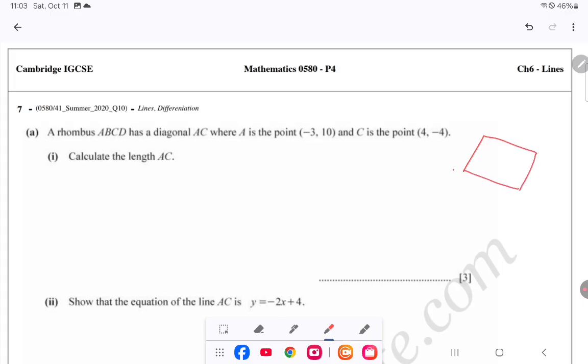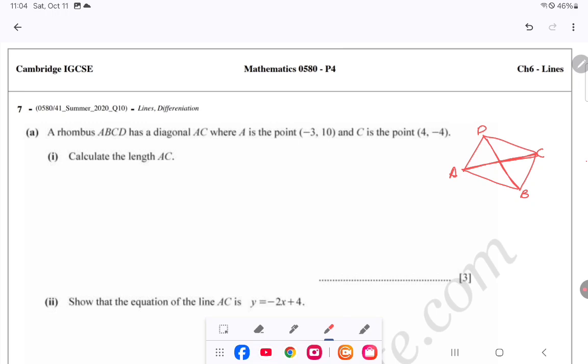We can say A, B, C, D. We are calculating the length of AC. BD is also a line, but we are calculating the distance of AC.